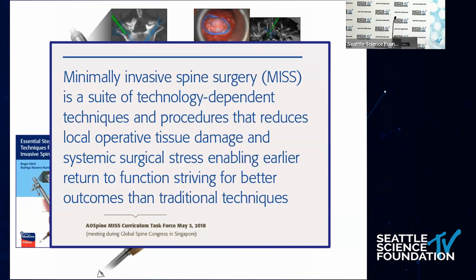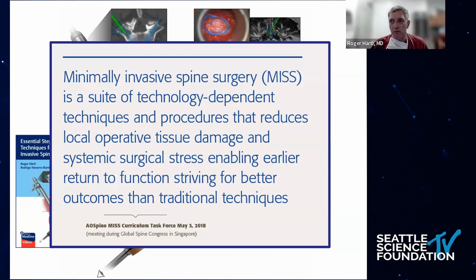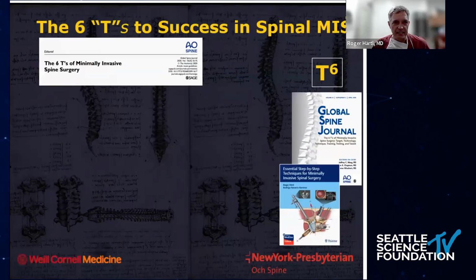Keep in mind that MIS tries to achieve the same or better outcome than traditional open surgery while minimizing iatrogenic damage to soft tissues and while obviously trying to avoid complications. So that's the goal. So it is important to talk about complications.